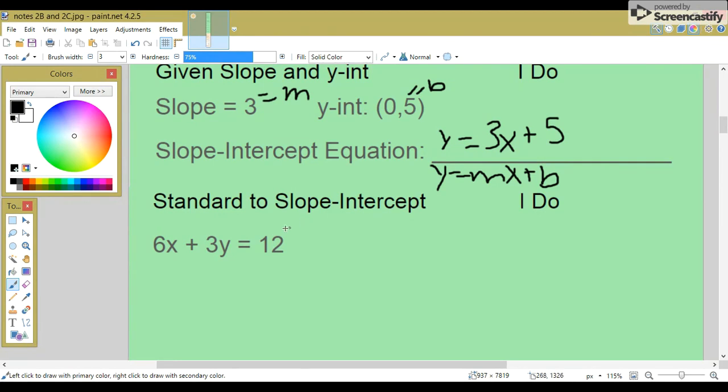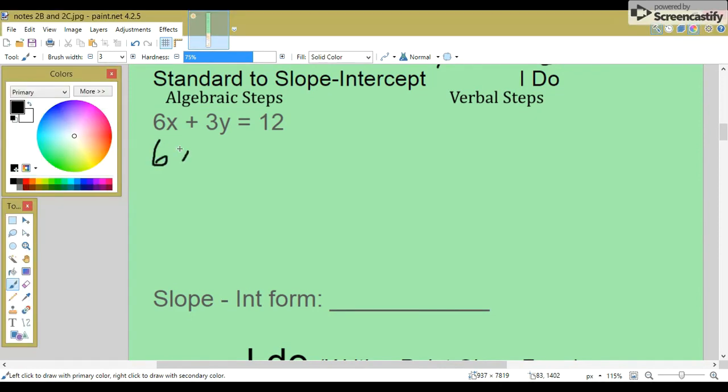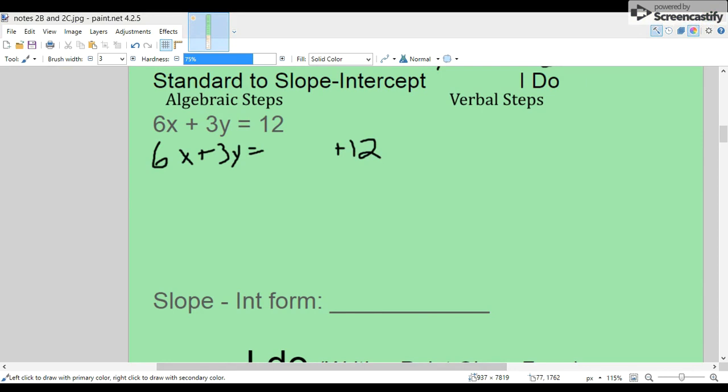Standard to slope-intercept. We have 6x plus 3y equals 12. Step 1. Make space for the 6x. So we have 6x plus 3y equals space plus 12. Step 2.